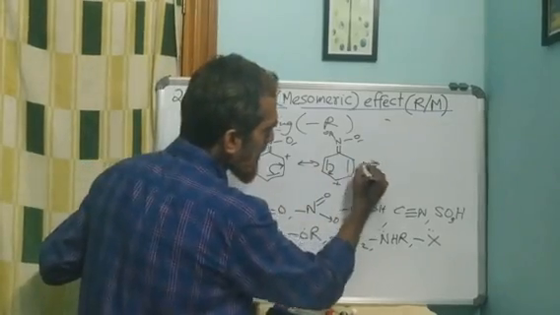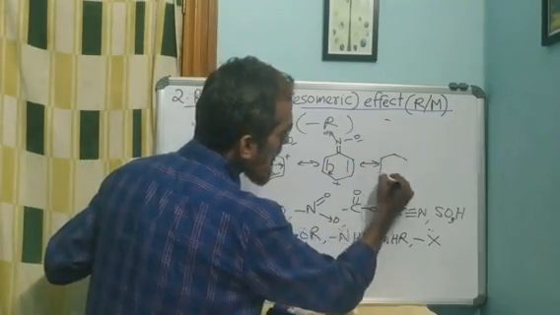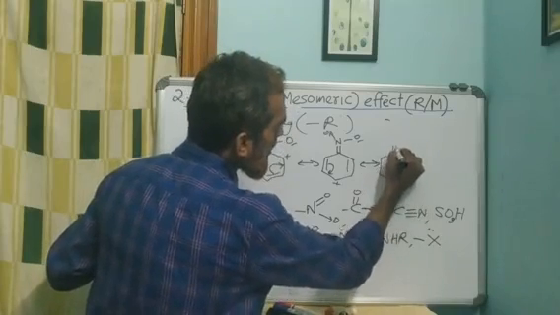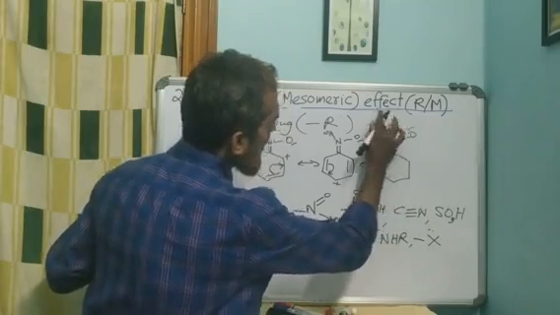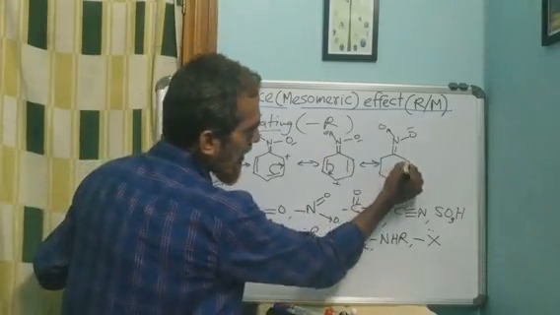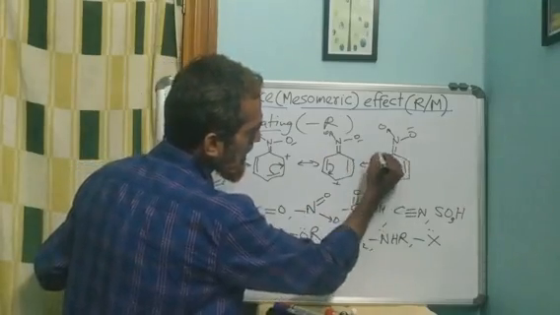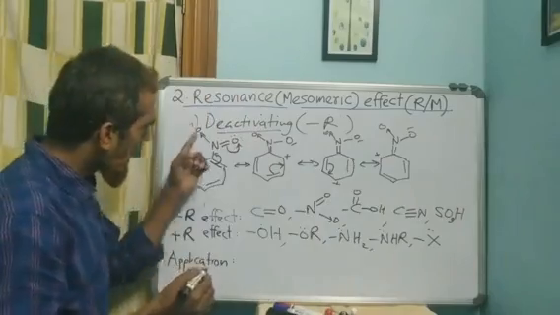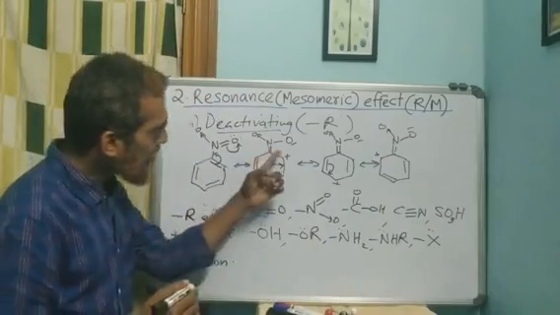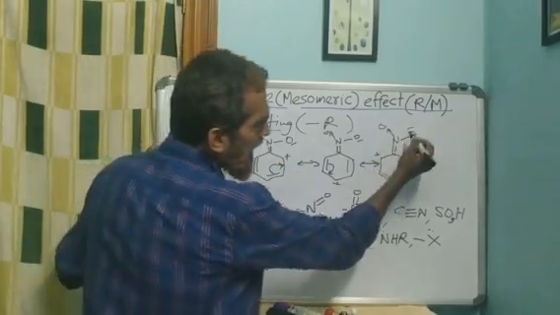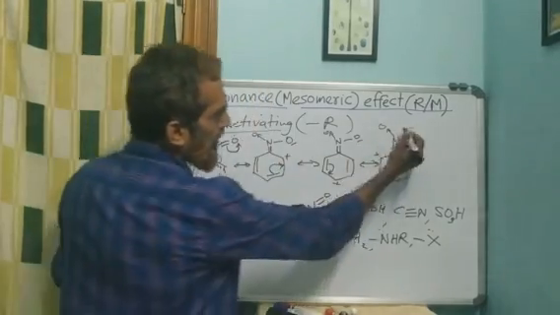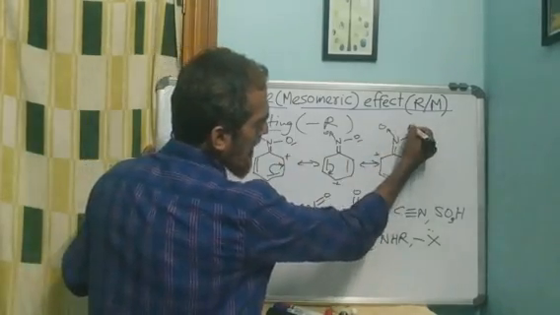You get the next structure. Okay, it is now like this. Positive charge is now here. What is happening? The electrons are delocalized and the positive charge also gets delocalized in turn, and finally it comes back. So it is completed. Now it will come back.